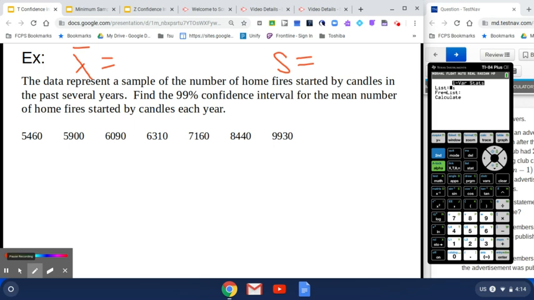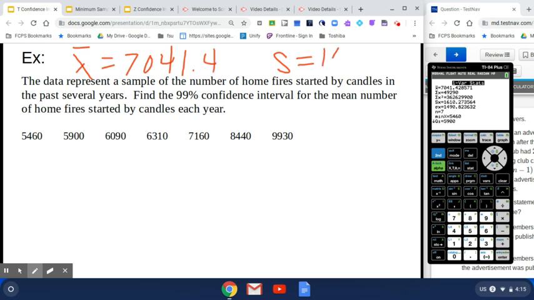My list is list 1, and I want the frequency list blank. I'm going to calculate that, and I get a mean of 7,041.4 and a sample standard deviation of 1,610 points. I'm going to round that to 3.